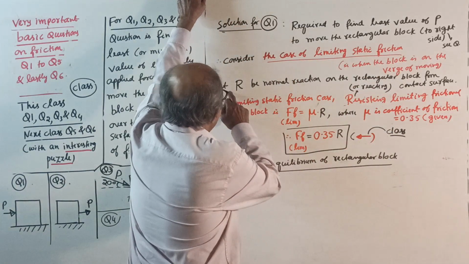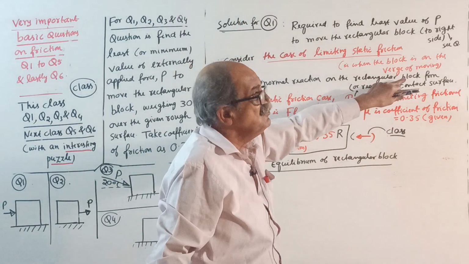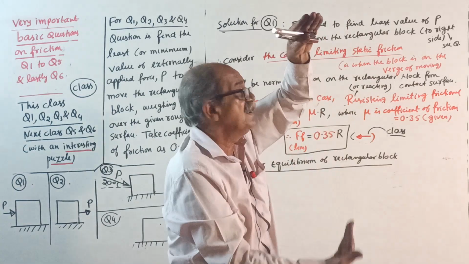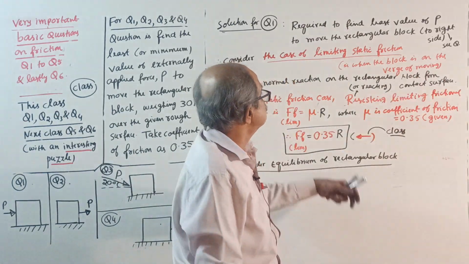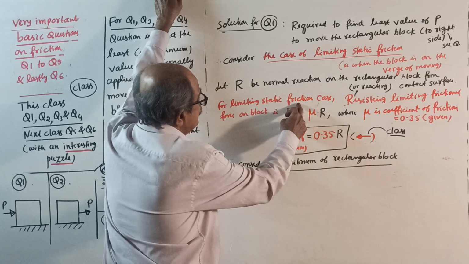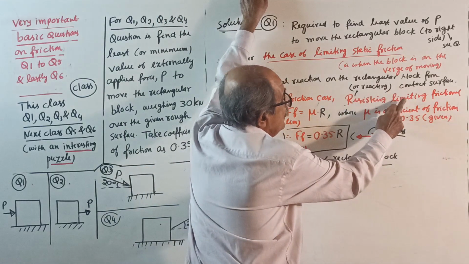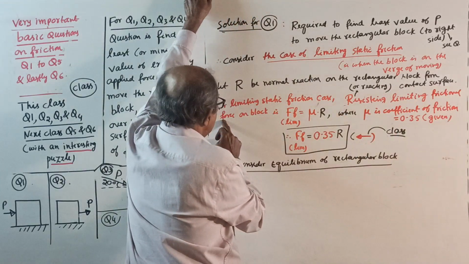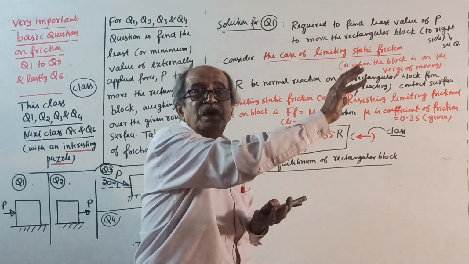Next. Let R be normal reaction, on the rectangular block. It is a reaction on the rectangular block from the contact surface. Next. For limiting state of static friction case, resisting or reacting limiting frictional force on block. See, the block is trying to move this way.